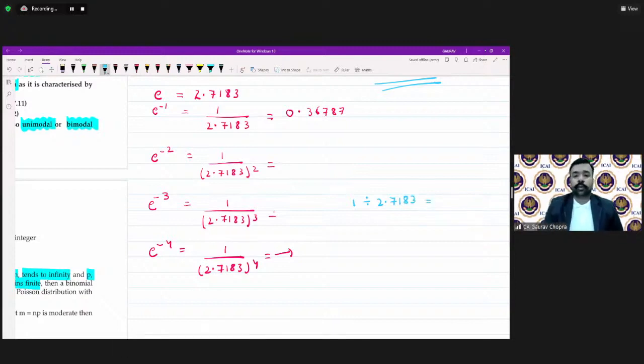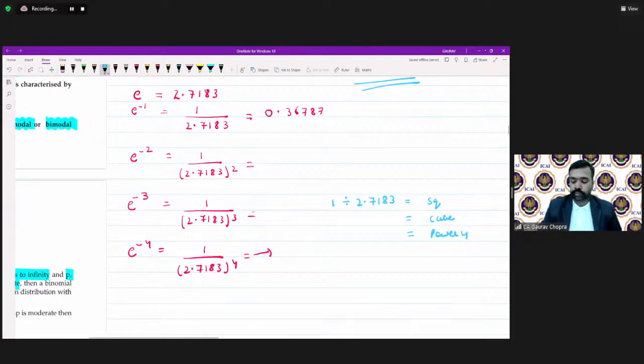As soon as you press equal to, this becomes square. One more time you press equal to, it becomes cube. One more time you press equal to, it becomes power 4. We require power 4, that is why we are pressing equal to 3 times.